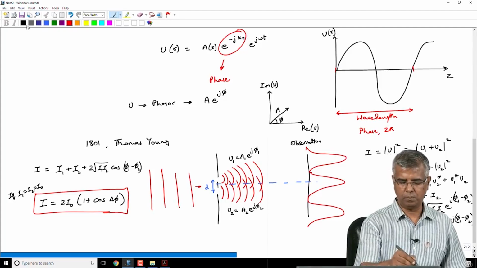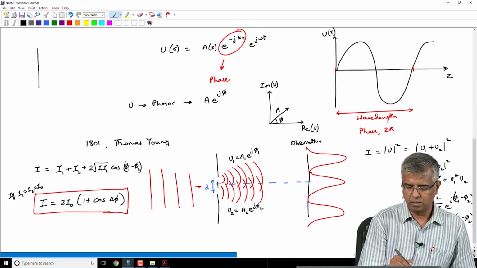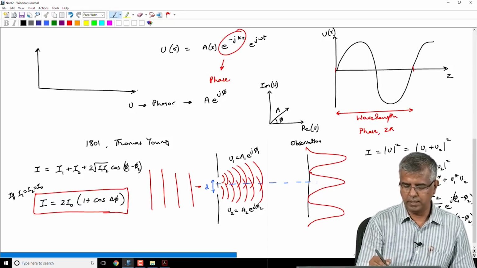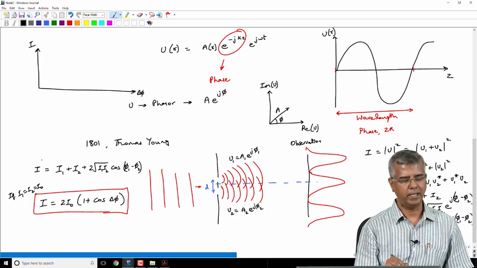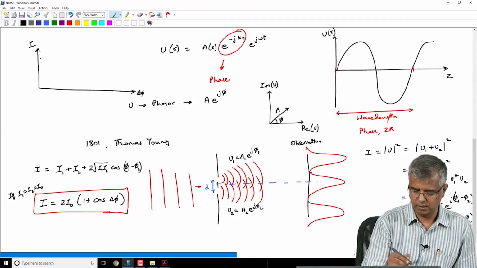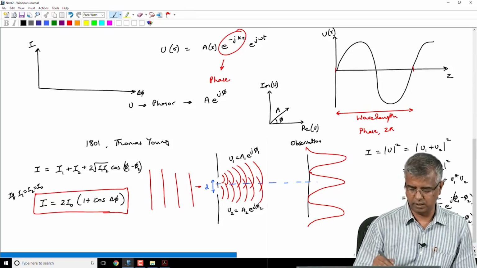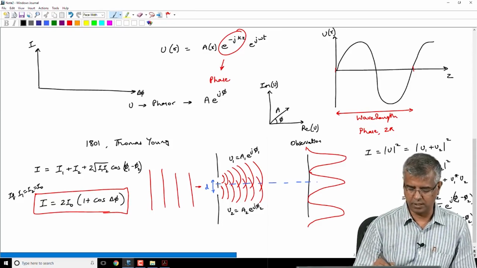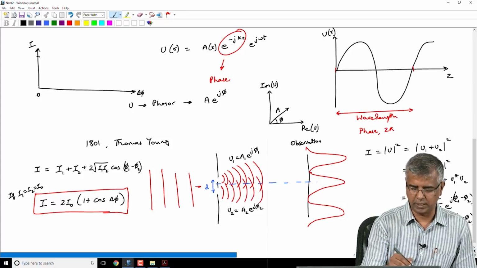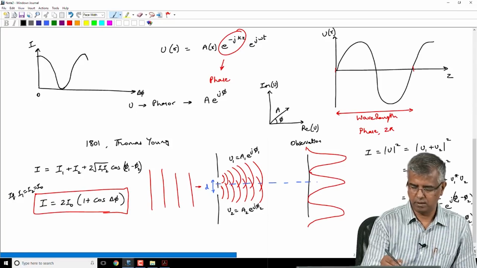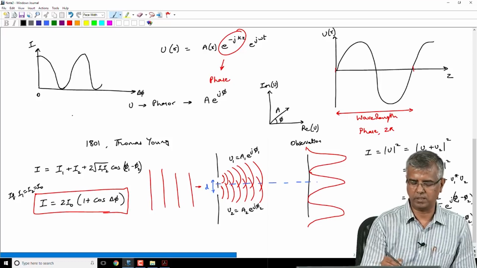Essentially, if you plot this I as a function of delta phi, then what you get is it basically goes through this sinusoidal function. When delta phi is 0, this corresponds to the maximum, that corresponds to 2 times I naught, and then it is going to become 0 at some point, go to a maximum, go to 0 at some point, and so on.